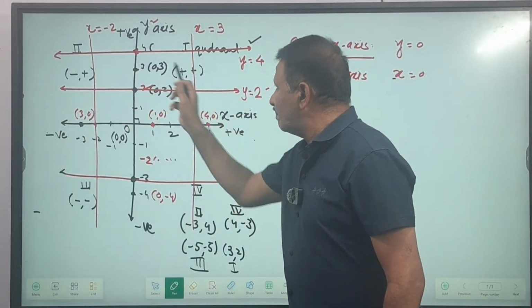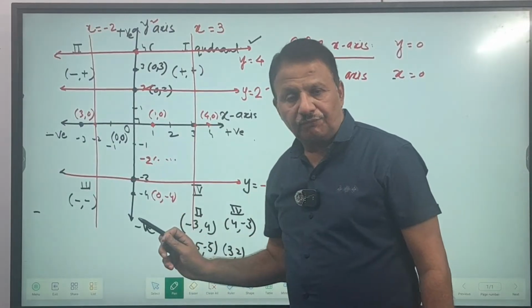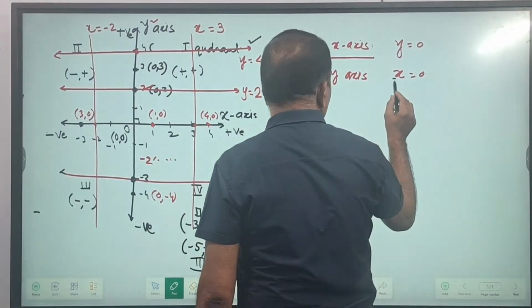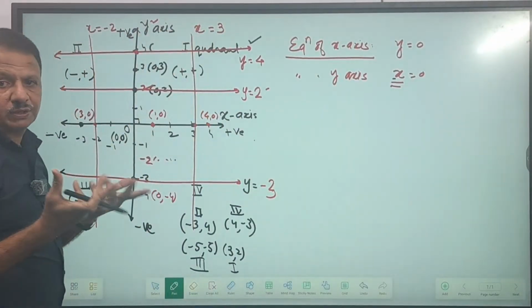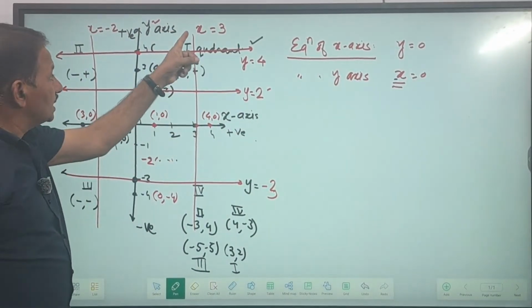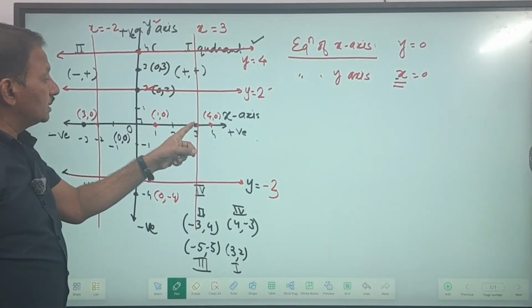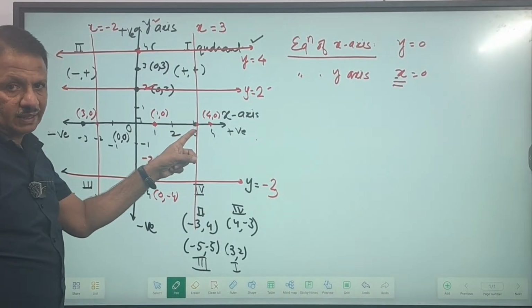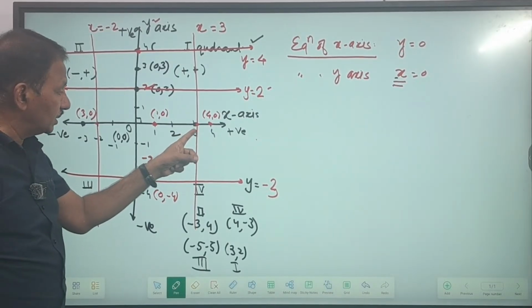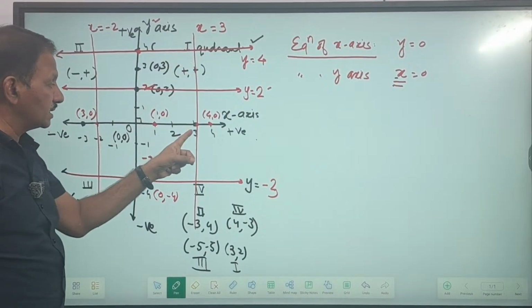These two lines are parallel to the y axis. Therefore, their equation will also be in terms of x. X is equal to what? We shall see at what point this line cuts the x-axis. It is cutting the x-axis at 3.